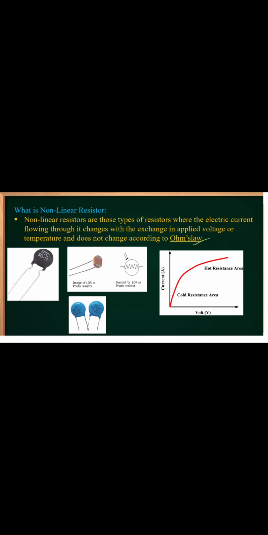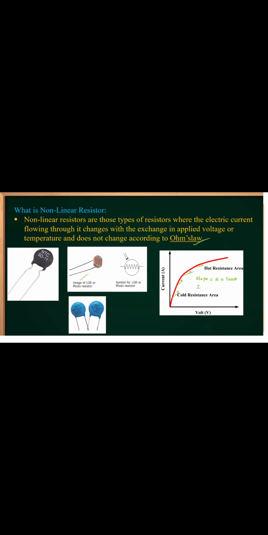The LDR, light dependent resistor, is a non-linear resistor. The slope is not constant. If you find the slope at any point, this is theta. At different points, the slope is decreasing. What does the slope equal, friends? This is R, equal to tan theta.